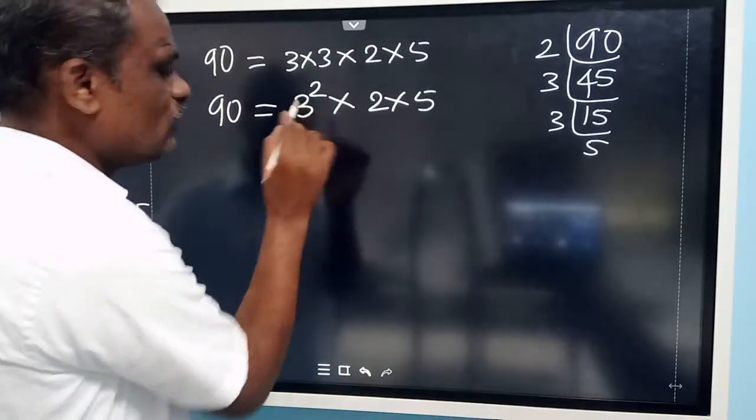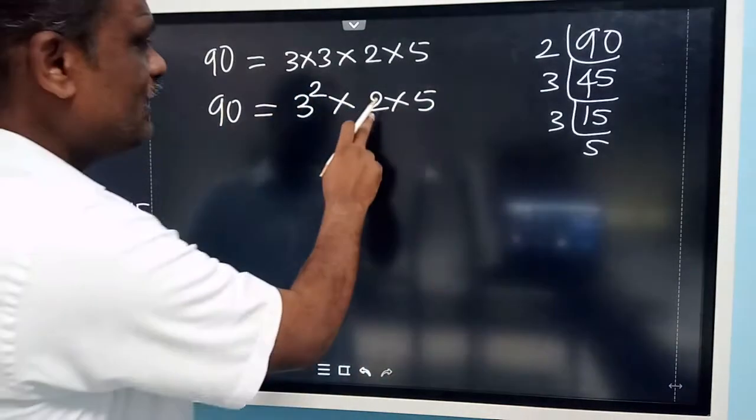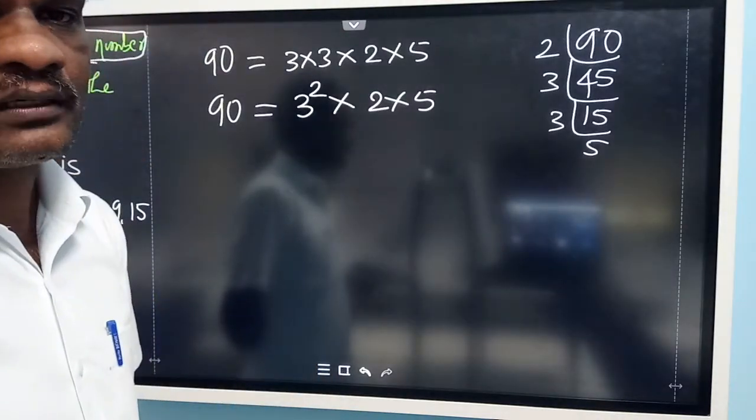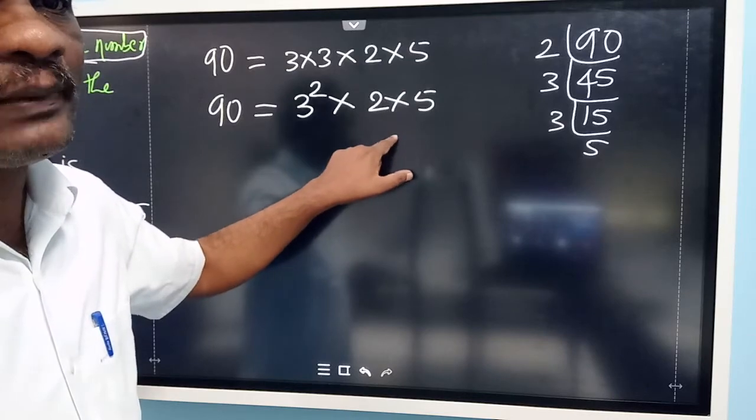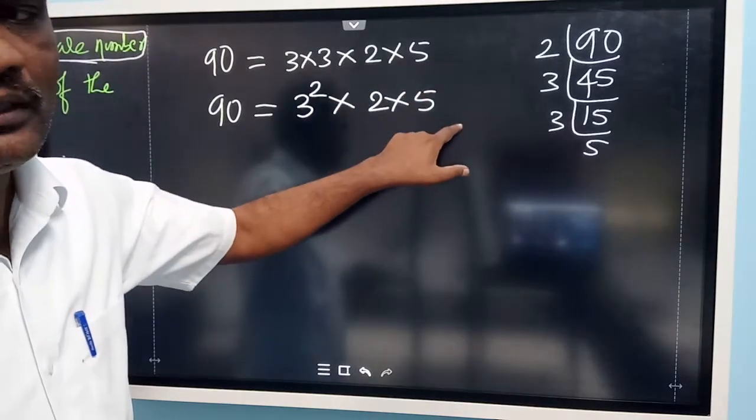Here only 3 square is in pair. The remaining 2 and 5 are not in pair. So therefore you have to make them a pair. You have to multiply by 2, and another one by 5.